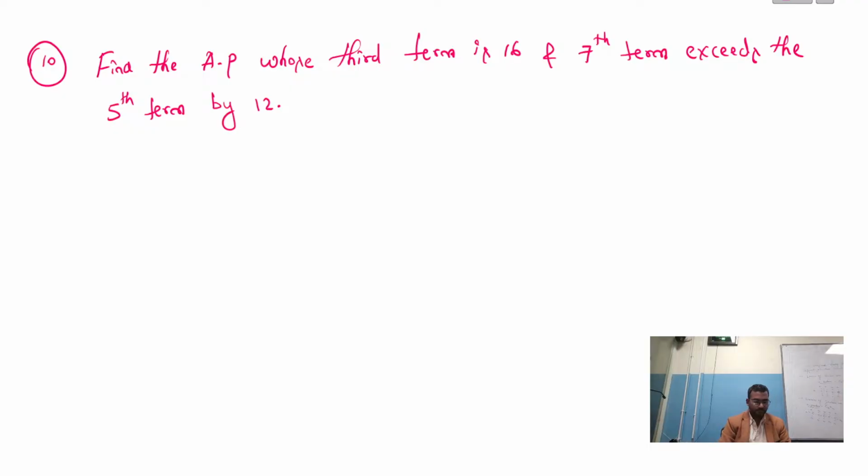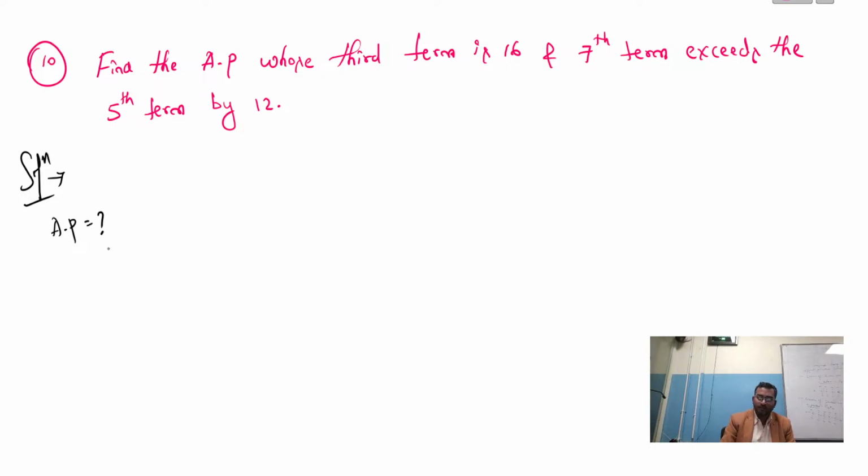Simple question. Now how to find the answer for such type of questions? Let's see here. Solution. Find the AP. They are asking us to find AP. Just know as you have seen how to find AP.